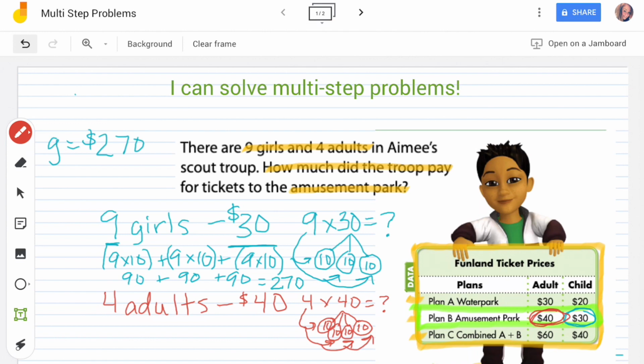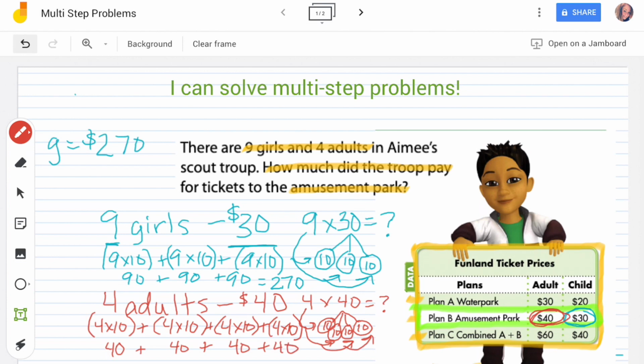So that's going to leave me with 4 times 10 plus 4 times 10 plus 4 times 10 plus 4 times 10. What is 4 groups of 10 or 4 times 10? That's right, it is 40. So I know I have 40 plus 40 plus 40 plus 40.